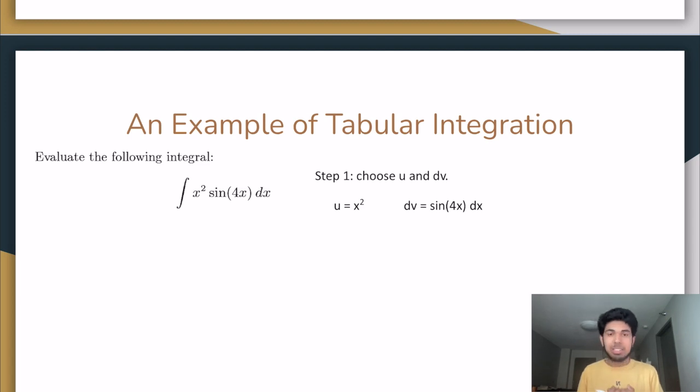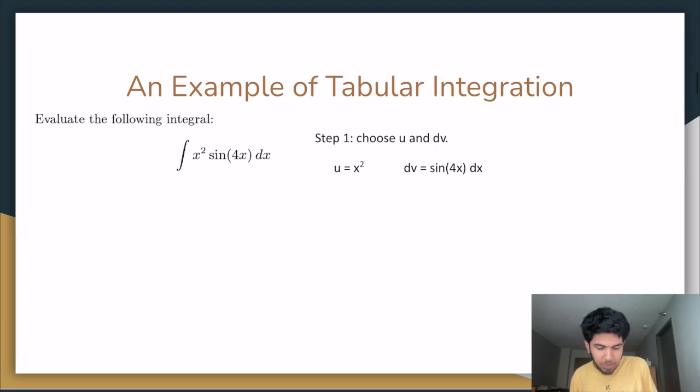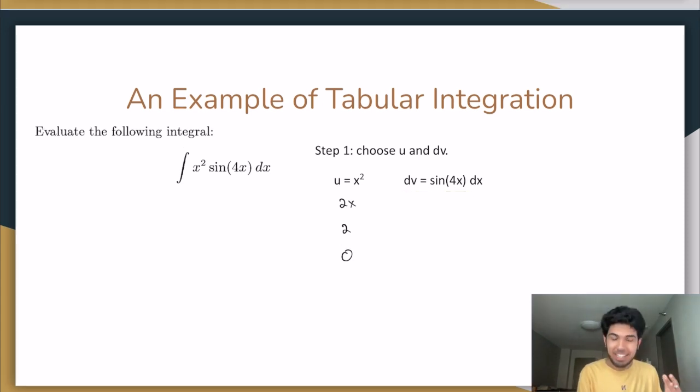From there, we're going to continuously take the derivative of the u term. So we take the derivative of x squared, we get 2x. We take the derivative of 2x, we get 2. We take the derivative of 2, we get 0. Boom, we're done.